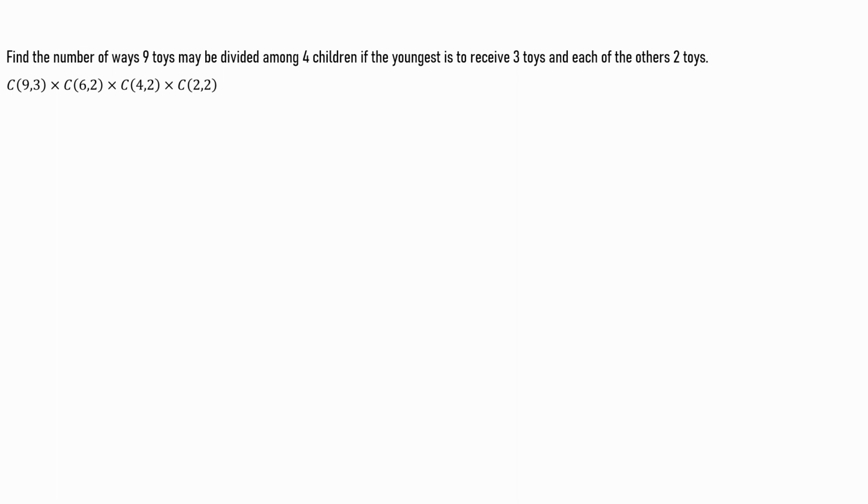Yung pangatlo, dahil 4 na lang yung natira, ilan yung ways na makakuha siya ng 2 toys? Kasi sa panghuli, kung ano yung matitira, yun yung kanya, yung 2 natira. So, times 1 lang din yan. And so, yun yung equation para doon.